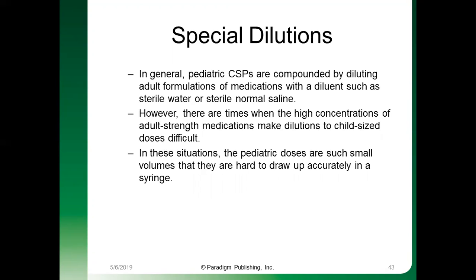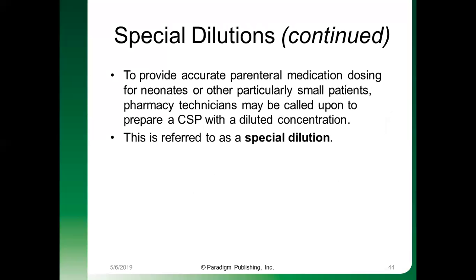In these situations, the pediatric doses are such small volumes that they are hard to draw up accurately in a syringe. To provide accurate parenteral medication dosing for neonates or other particularly small patients, pharmacy technicians must be called upon to prepare a compounded sterile preparation with diluted concentrations.